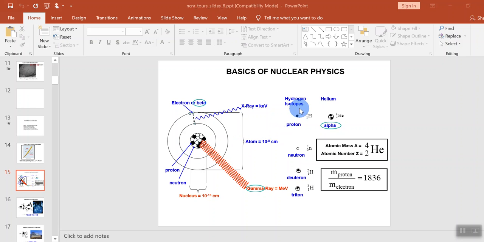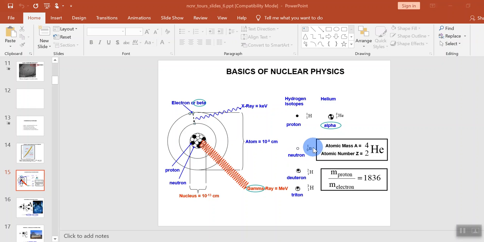Okay, so hydrogen isotope has one proton and one electron. Helium, there it is, has two protons and two neutrons. Those are the nuclei. Helium-4, 2. Okay? 4 nucleons, of which 2 protons.